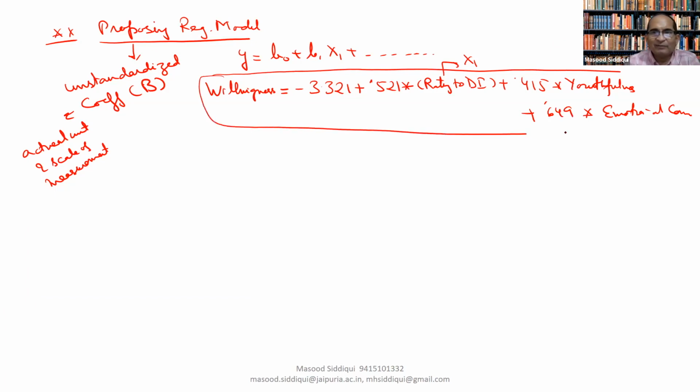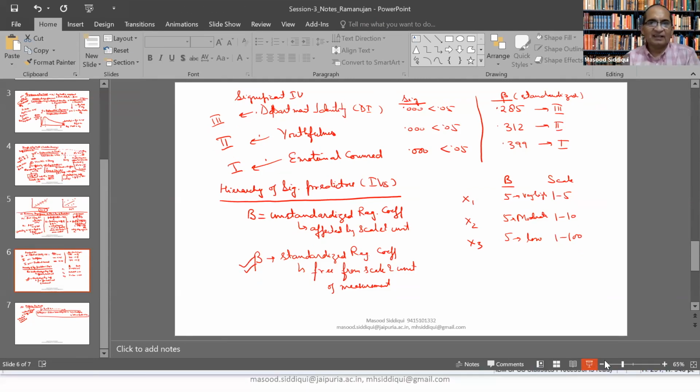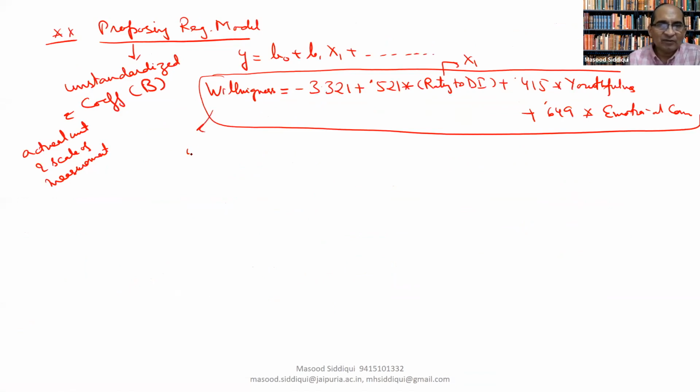And if we substitute the rating given to these values, then we have the predicted value of y.